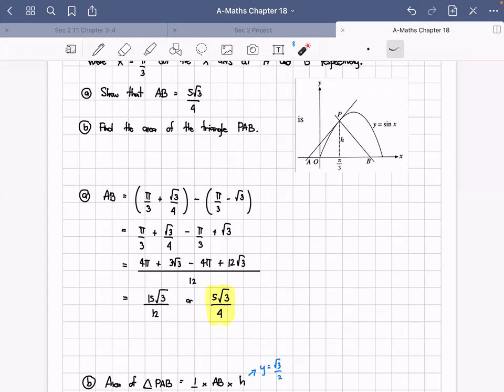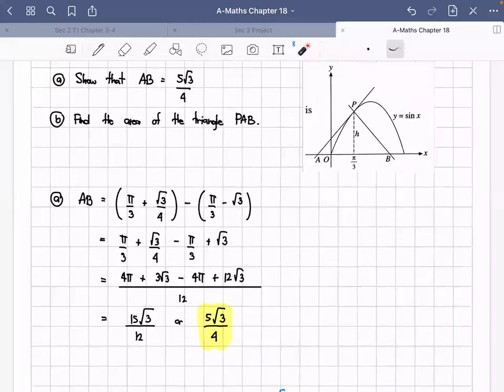To get the distance between those two, I'm going to subtract them. So the distance between A and B: this one minus this one. Class, where did I get this?